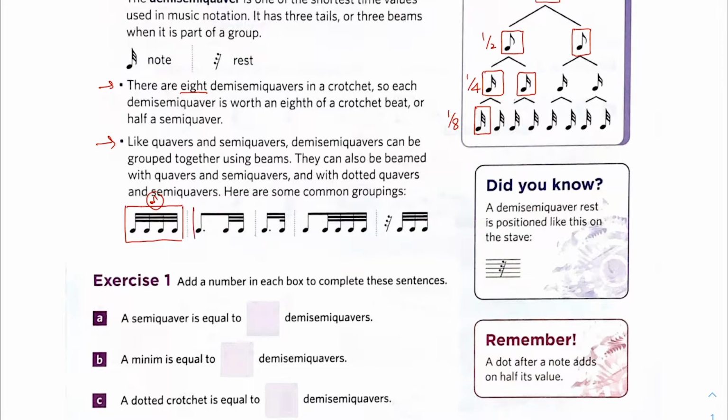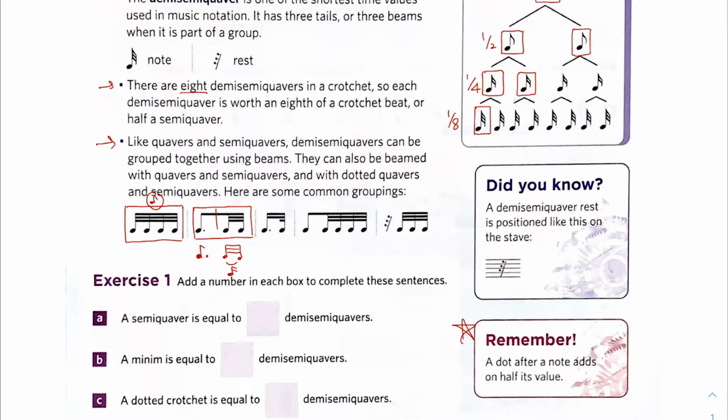Next here we have a dotted note with 2 demisemiquavers. Now if we split this into a half, we'll see that the first note is a dotted quaver, and the second half would be 2 demisemiquavers. 2 demisemiquavers would be the same as 1 semiquaver. And remember, a dot after a note adds on half its value.